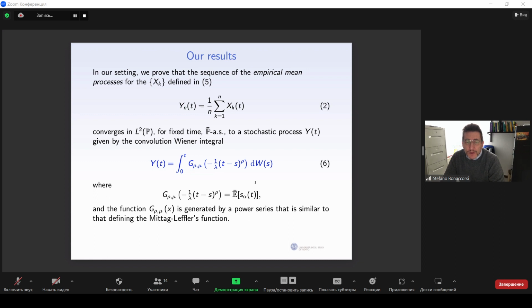This limit process will be given in terms of a somehow more complicated function g, which depends on both parameters rho, mu, and lambda to be precise, but the dependence on lambda is very simple and can be taken inside, where this function is morally given by the expectation in the space omega bar of the random variables S alpha t, where alpha is a generic element of the sequence alpha k.